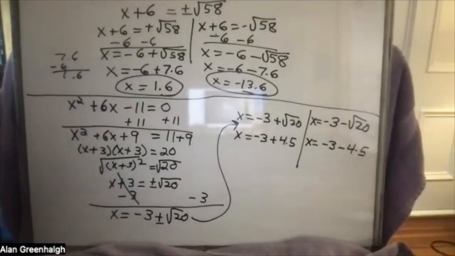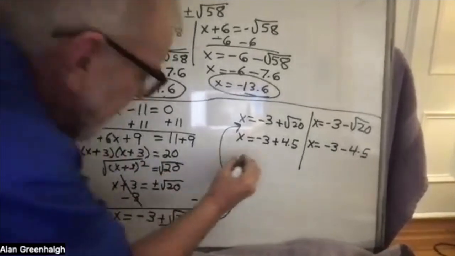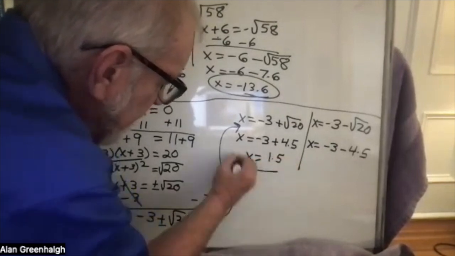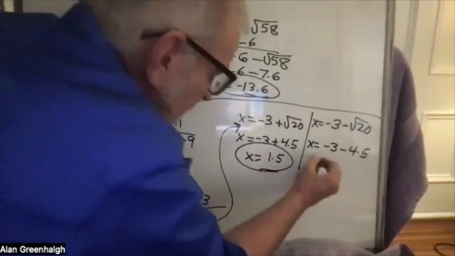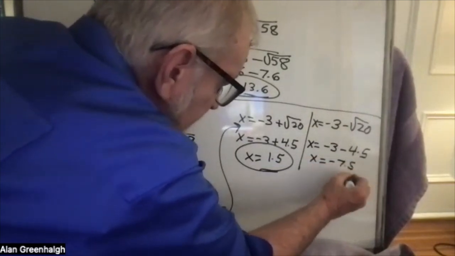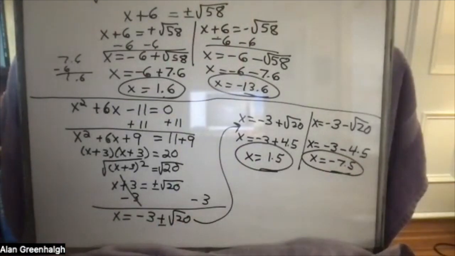It actually comes out 4.47, which I rounded off to 4.5. Doesn't have to be absolutely precise. X will equal 1.5 positive, and x will equal -7.5. These are the two answers. And that's the end of the problem.